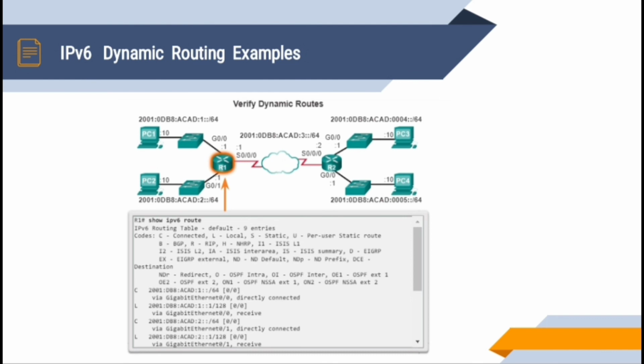To view the routing table on R1, enter the show ipv6 route command, as shown in the figure. The output displays the routing table of R1 after routers have exchanged updates and converged. Along with the connected and local routes, there are 2 D entries, which are the EIGRP routes in the routing table.